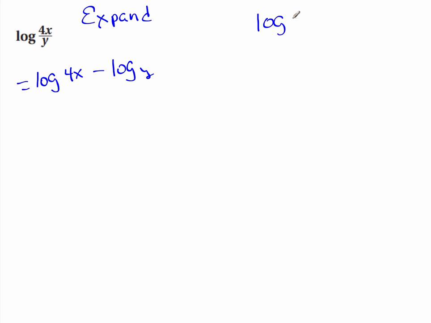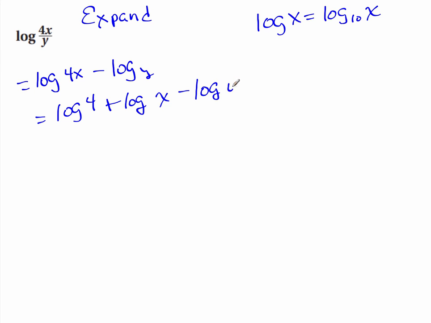So log of x is log base 10 of x. All right, so to continue this expansion, I'm going to use the product rule here. So this is log of 4 plus log of x minus log of y.